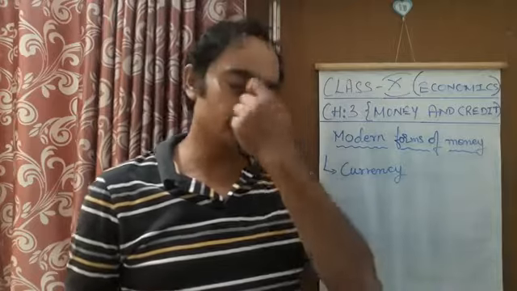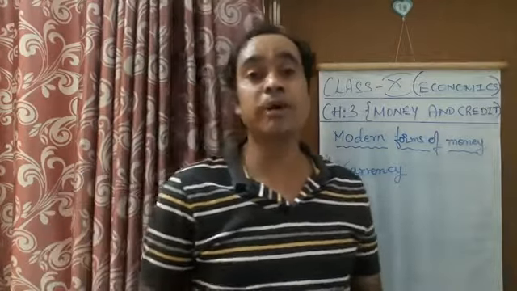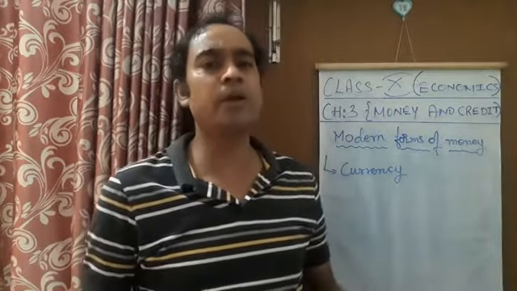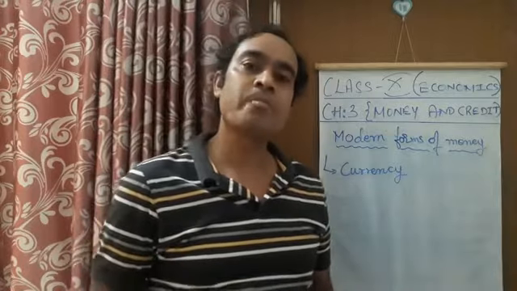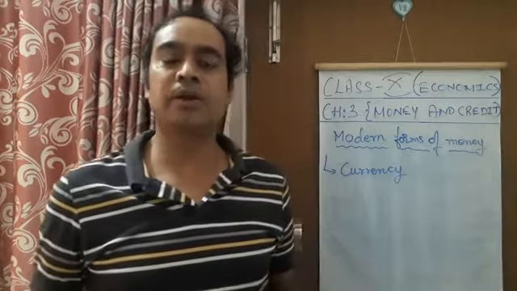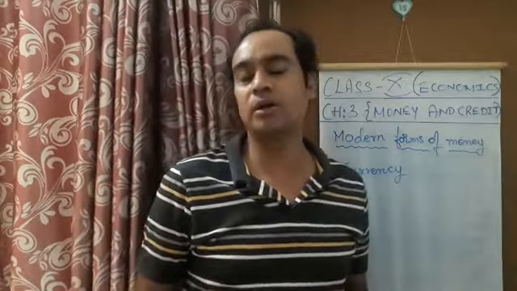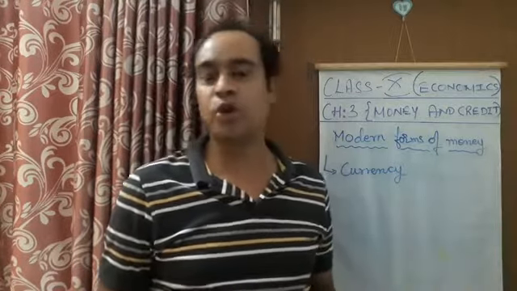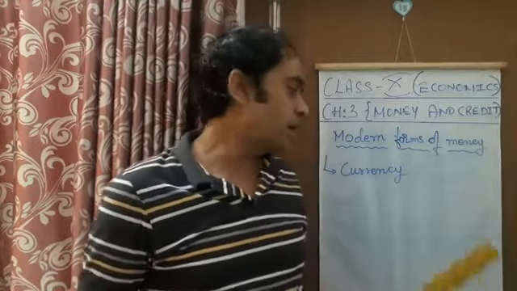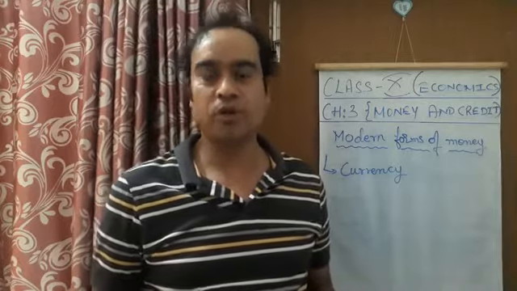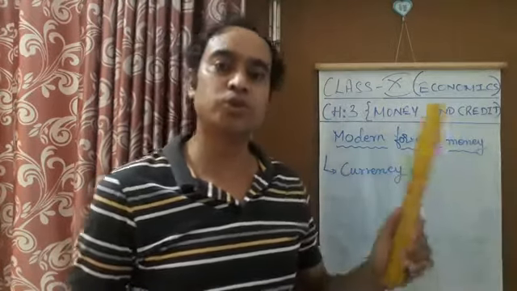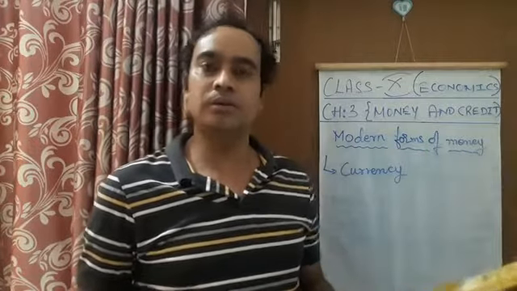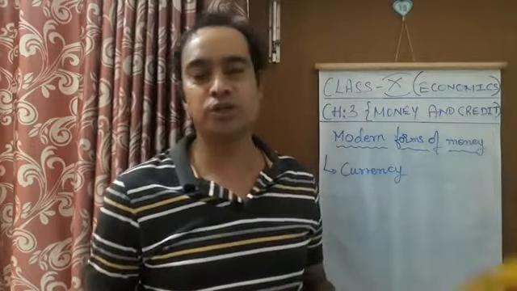So in the beginning, commodity money was introduced. What was this commodity money actually? When people came to know that something is required in between any transaction, like for example, the farmer was exchanging his wheat with the shoemaker, and in place of his wheat he wanted shoes.